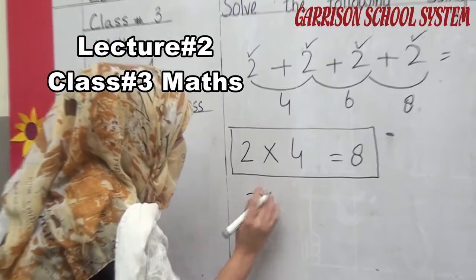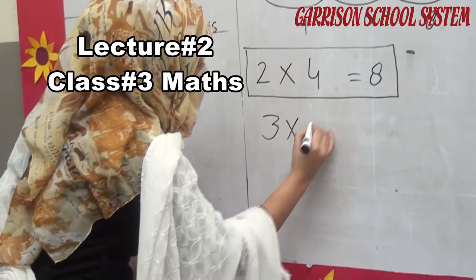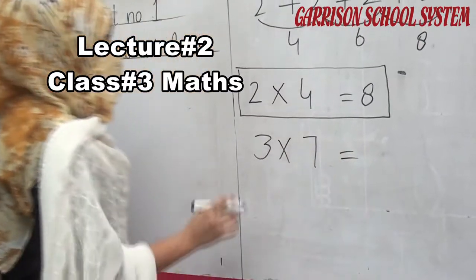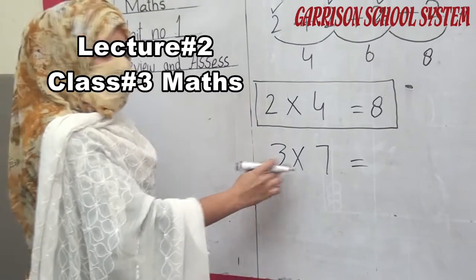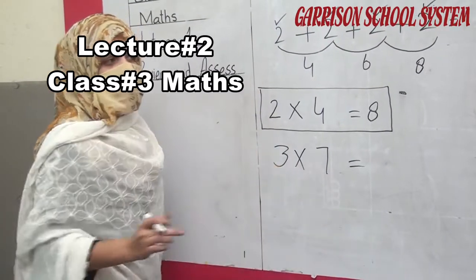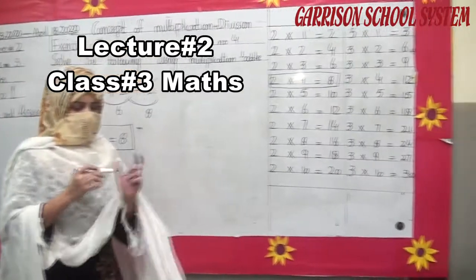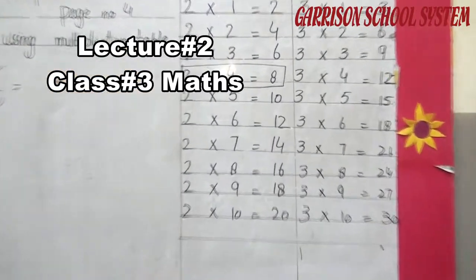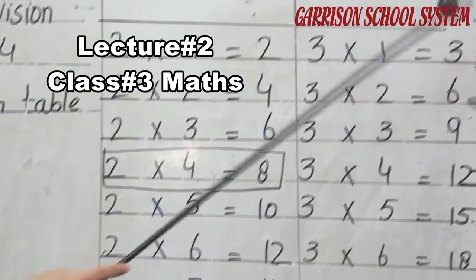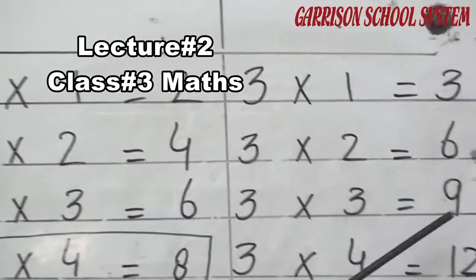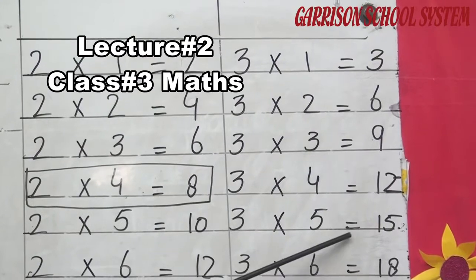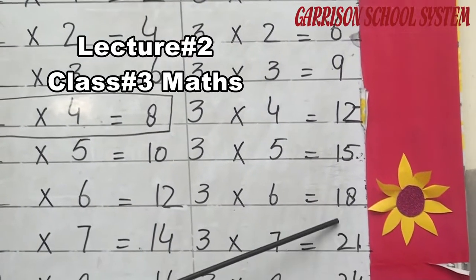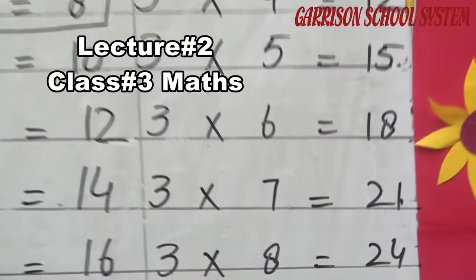3 multiplied by 7. Now we read the table of 3 till the number 7. 3 1s are 3, 3 2s are 6, 3 3s are 9, 3 4s are 12, 3 5s are 15, 3 6s are 18, 3 7s are 21.